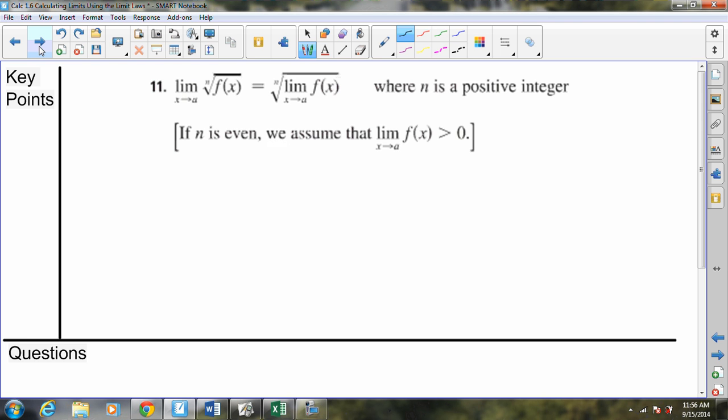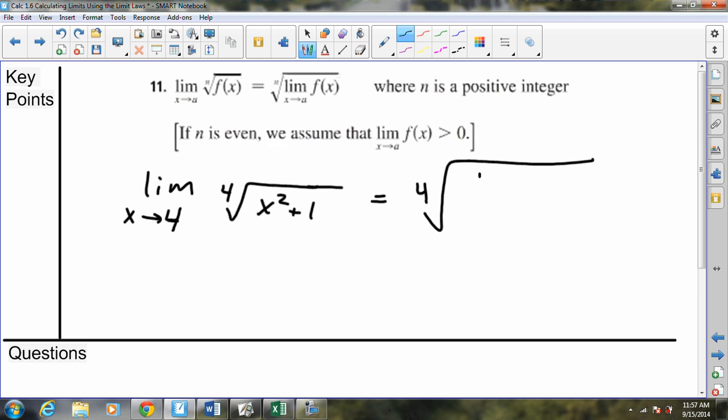So this is telling us if we had a piece like the limit as x approached, say, 4 of the fourth root of something like x squared plus 1, so we had a whole function, we can take the square root or the fourth root and actually pull it out so that we can just do this piece.